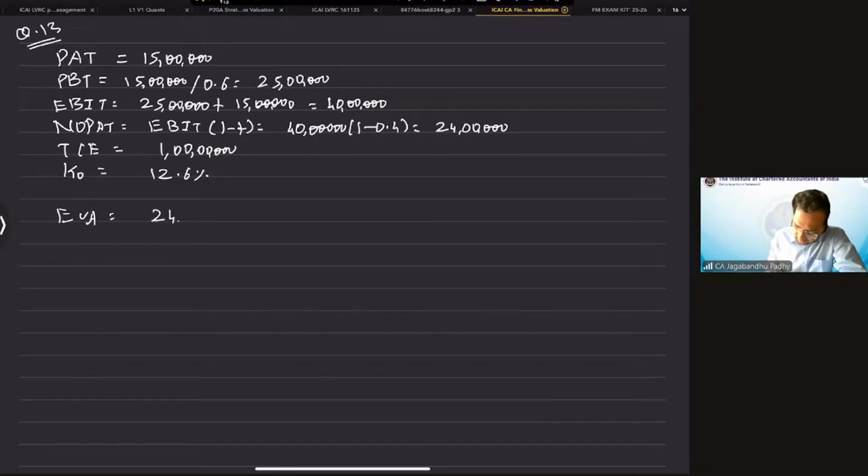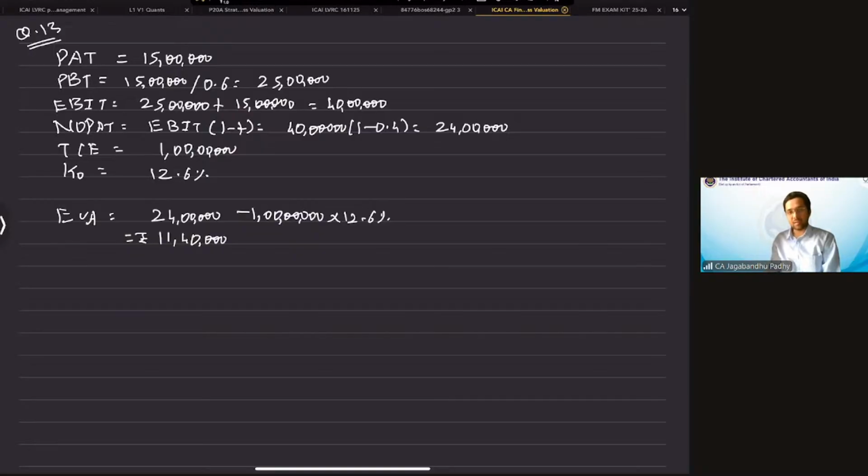EVA is NOPAT of 24 lakh minus total capital employed of 1 crore into 12.6%. So 24 lakh minus 12 lakh 60,000. That's 11 lakh 40,000. So economic value added is 11 lakh 40,000.